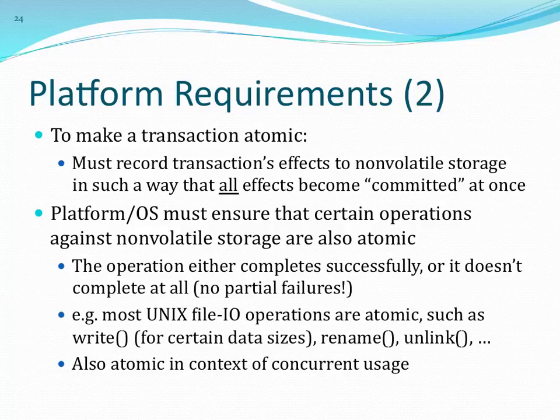For example, I have an old version of a file and a new version of a file, and I want to rename the new version to be where the old file was. That's a rename, and Unix guarantees that rename will be atomic. Okay? Unlink is another example. When I perform an unlink, if unlink returns, it's atomic. It happens in one step. Like I say here, it's also atomic in context of concurrent usage.